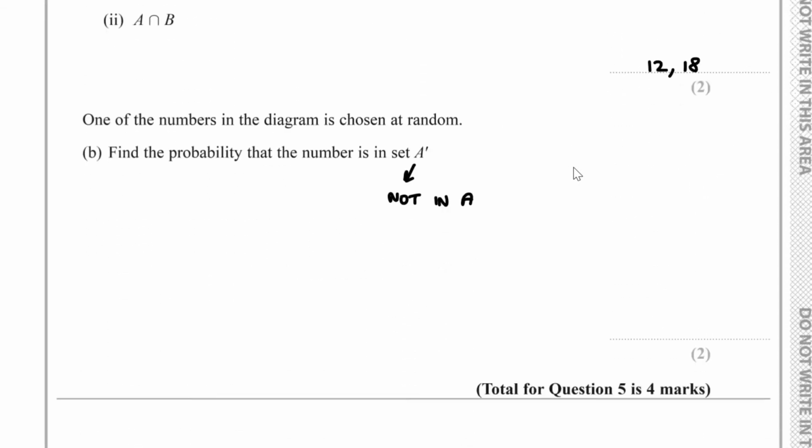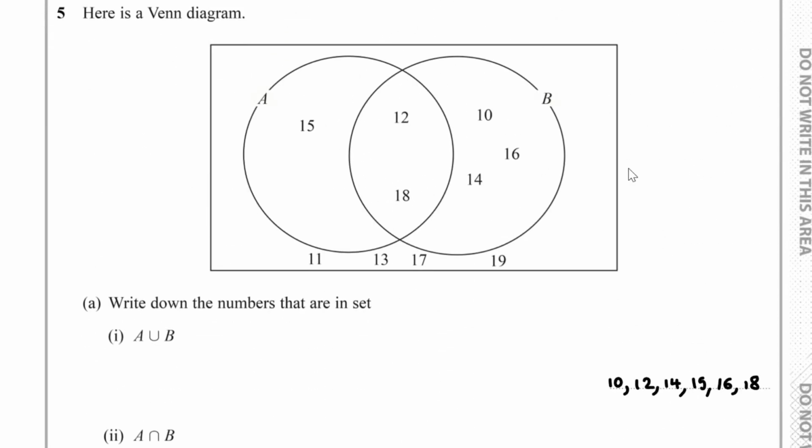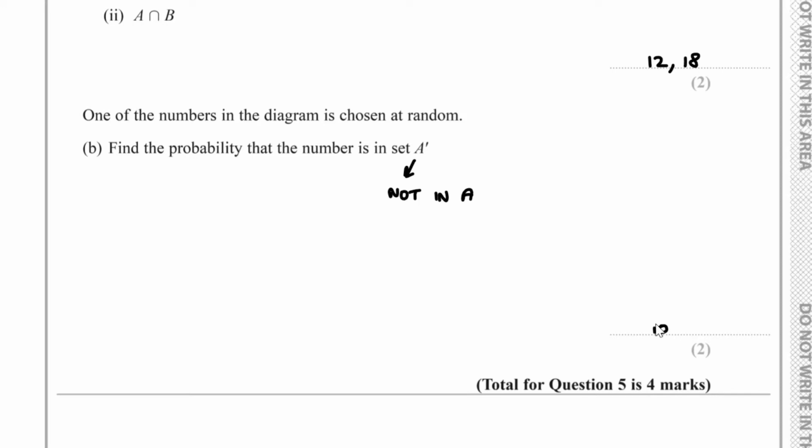So we have our probability being out of 10. And of those 10, those that are not in A, well, we have 1, 2, 3, 4, 5, 6, 7 of them. So the probability is equal to 7 over 10.